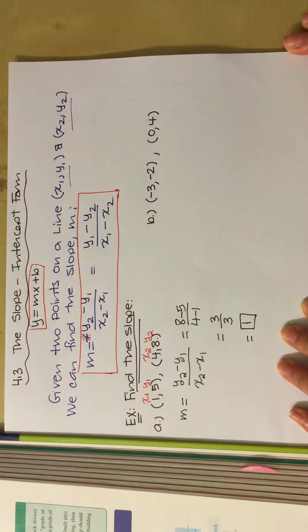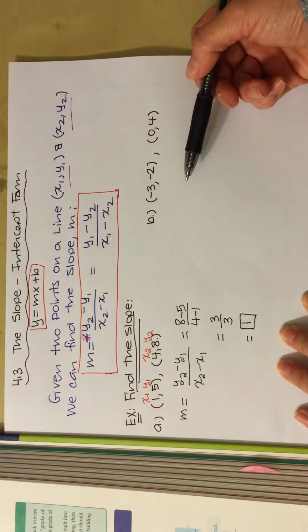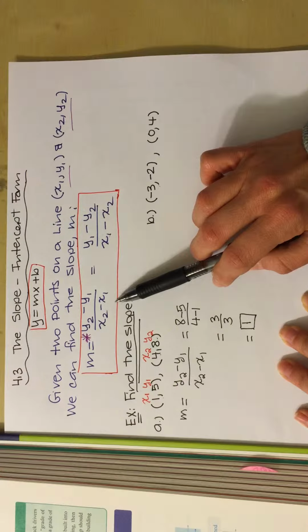Second example, we have again 2 points that are on a straight line, and we would like to calculate the slope. Where you have to be careful is when we have negative coordinates, you have to be careful with the signs because the formula also has a minus sign for both numerator and denominator.